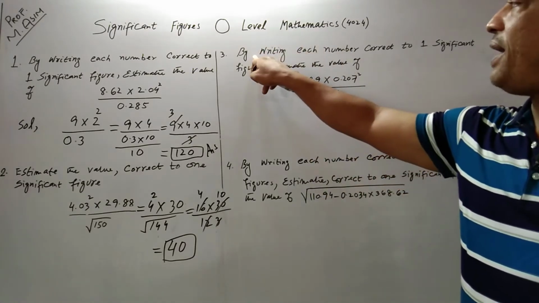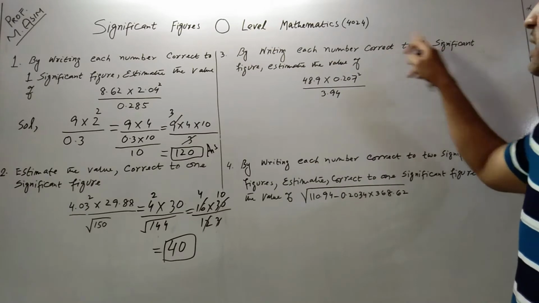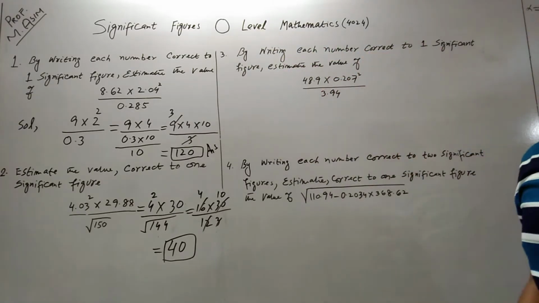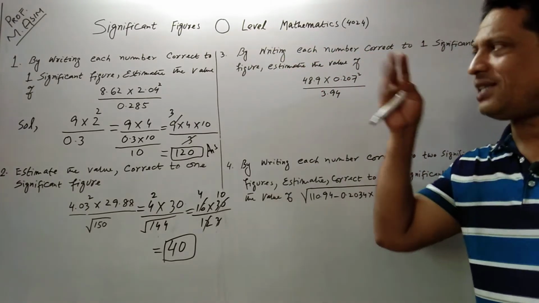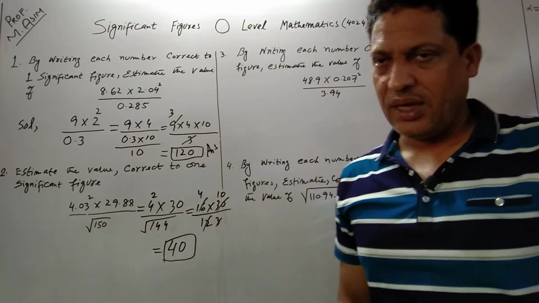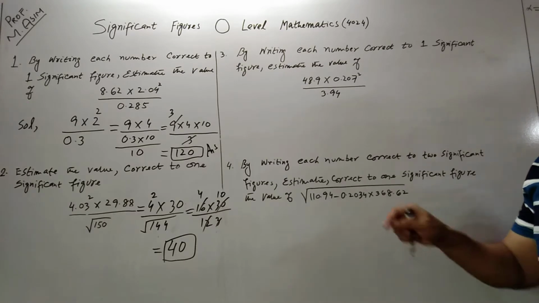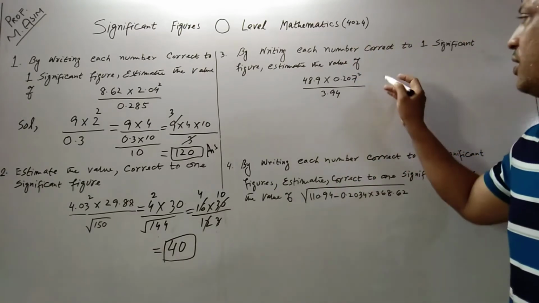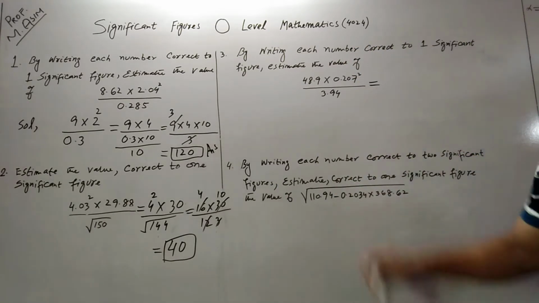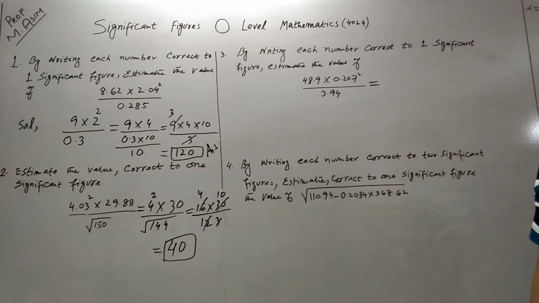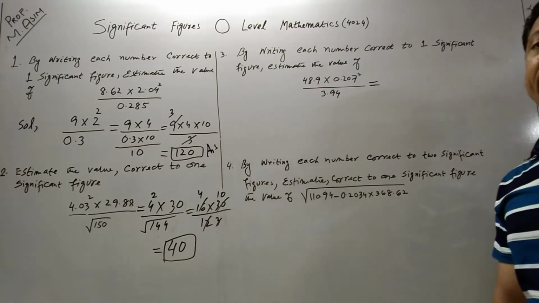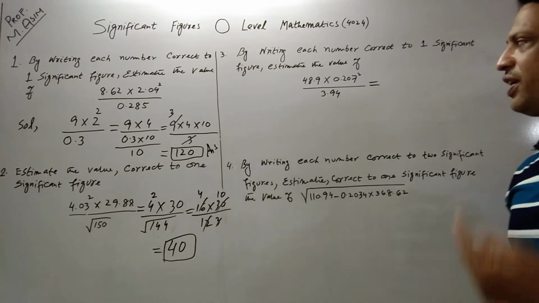Solution. By writing each number correct to one significant figure, estimate the value of this. Again, this question number 3 is just the same as question number 1, because in this question, first we have to write each number in one significant figure. So the solution is 48.9. How to convert 48.9 into one significant figure?